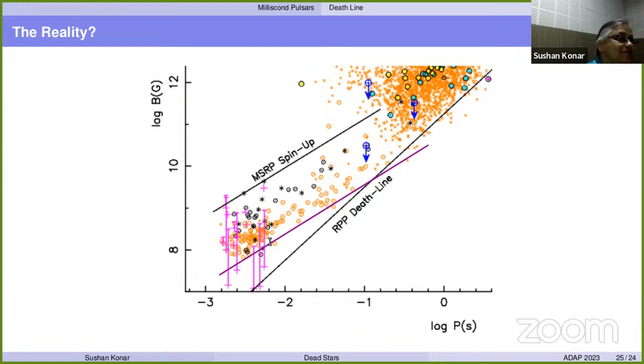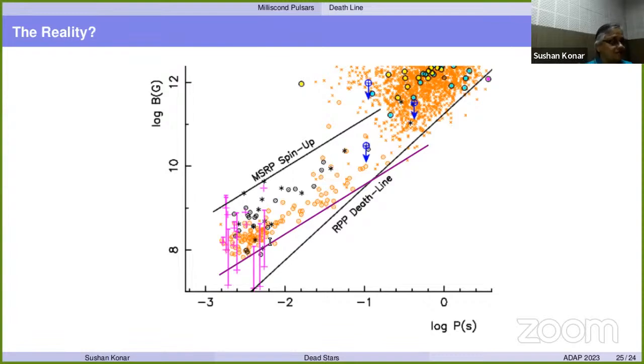Whether there is a mechanism in the magnetic field evolution and the nature of the accretion, in the interaction of the system, that sets this accretion rate and the field evolution, the final field configurations. Because what we are seeing here is that if we can shift the spin-up line a little bit downwards, that fits the death line. But how do you get to it?